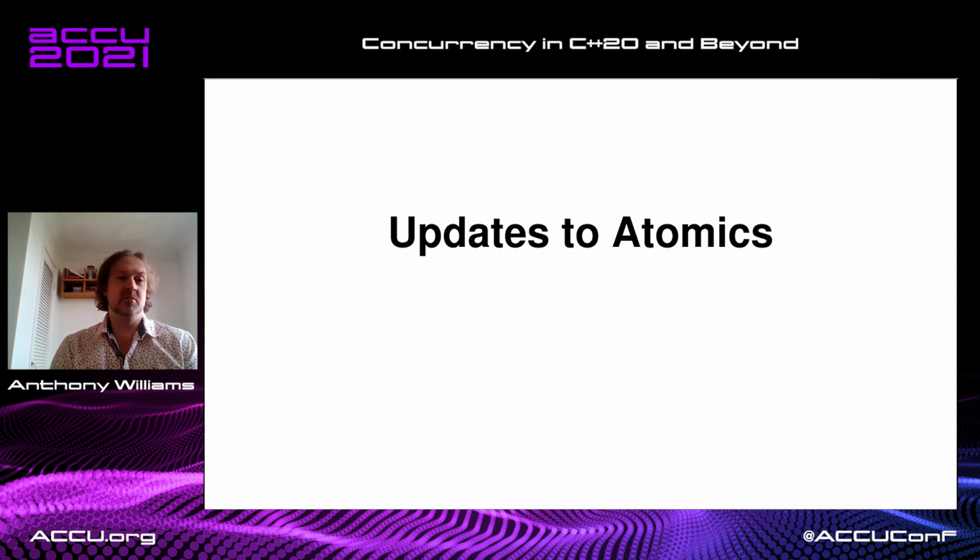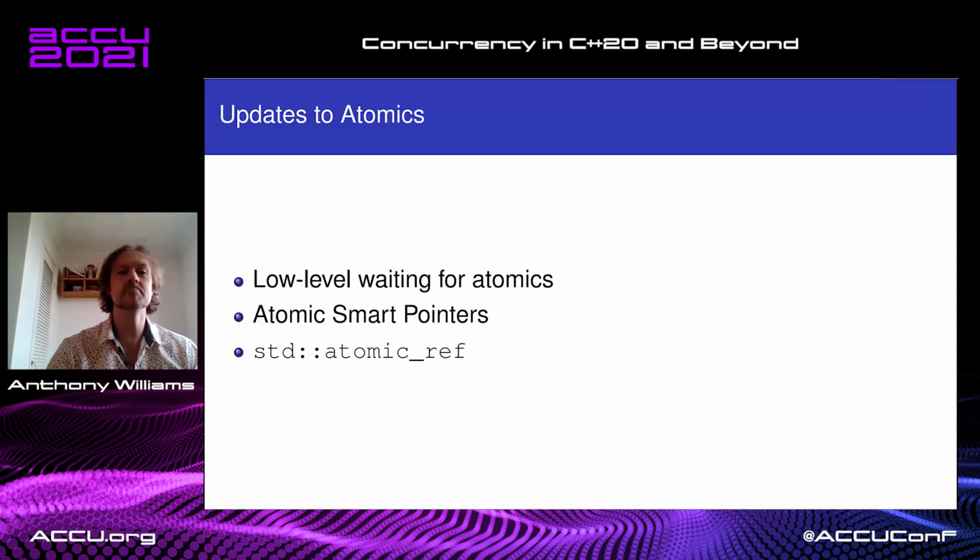Next thing I said was that there are some updates for atomics. We have 3 updates really. Low-level waiting for atomics, one thing. Atomic smart pointers. That's quite an involved thing and somewhat surprising if you didn't really think about it, because normally for standard atomic, the template parameter that's stored must be a simple, trivially copyable type, and smart pointers are definitely not trivially copyable.